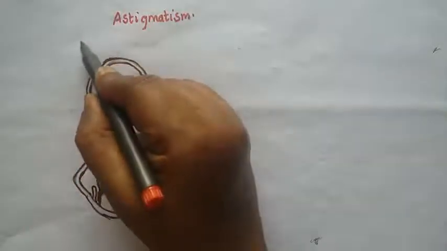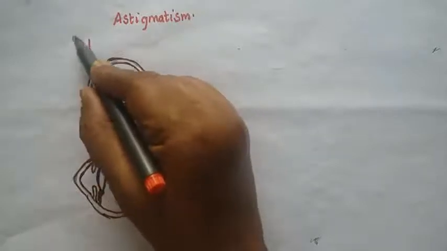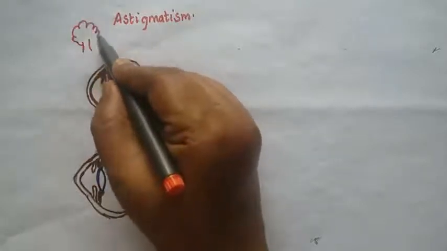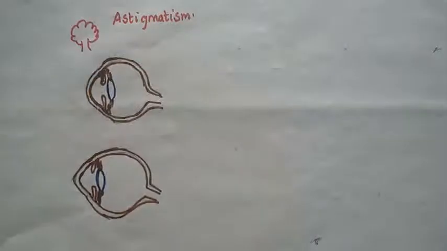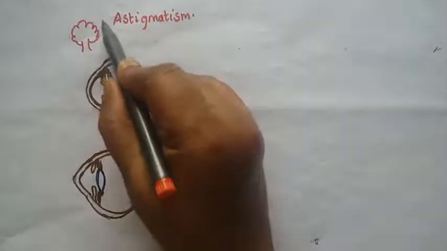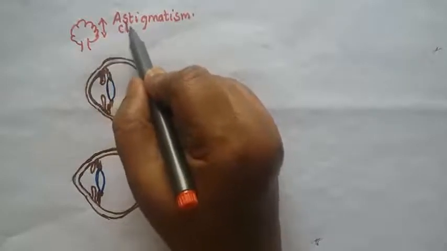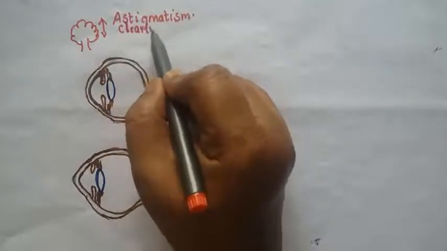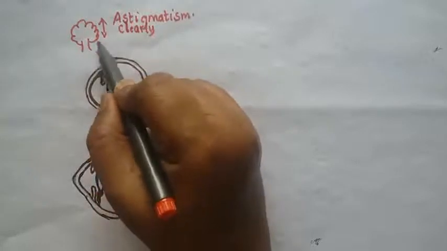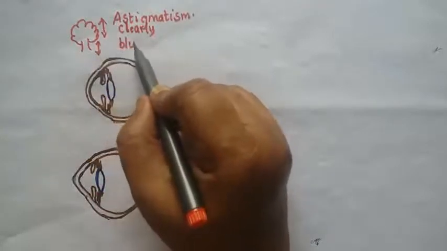Now, in case of astigmatism, imagine when a person suffering from astigmatism looks at a tree. Some parts of the object he may observe clearly, whereas the other parts of the object may appear blurred.